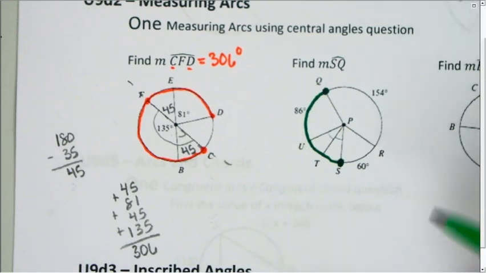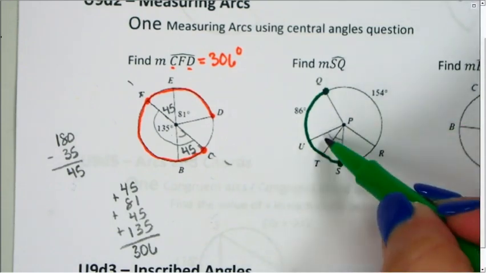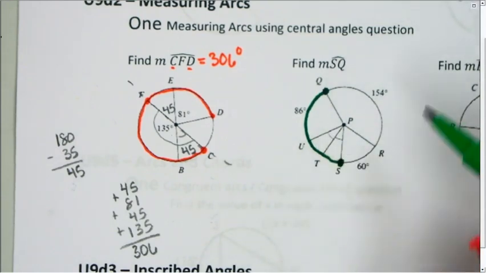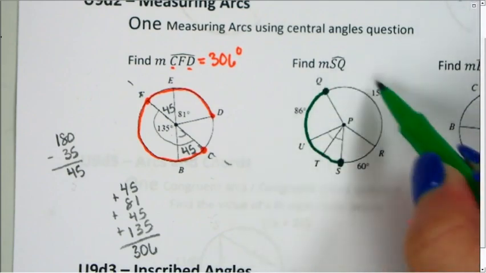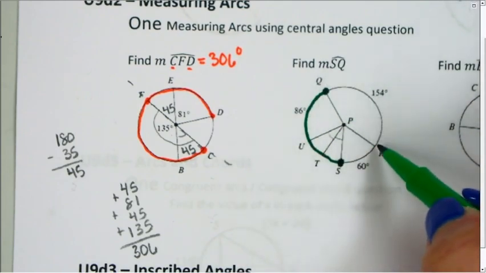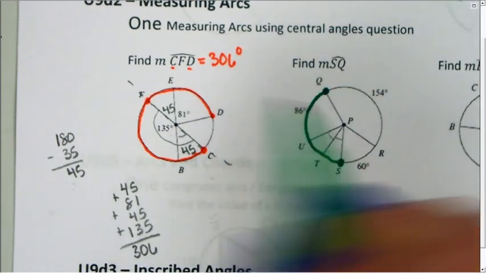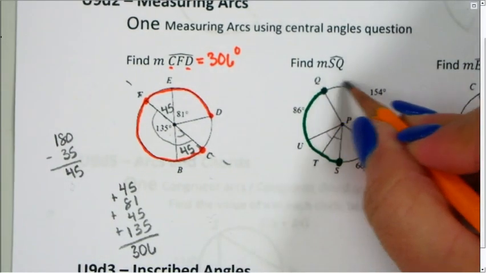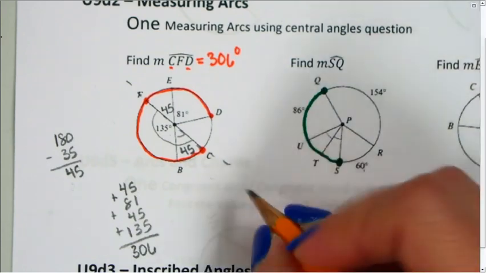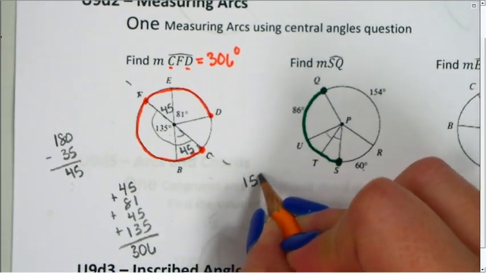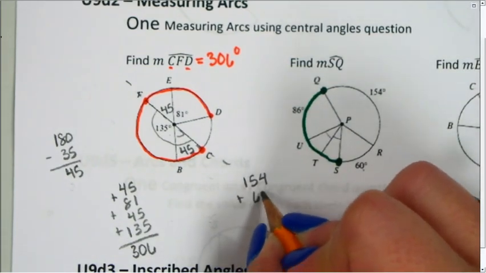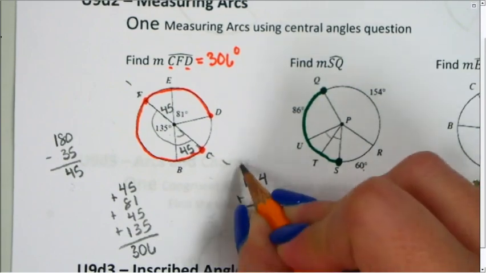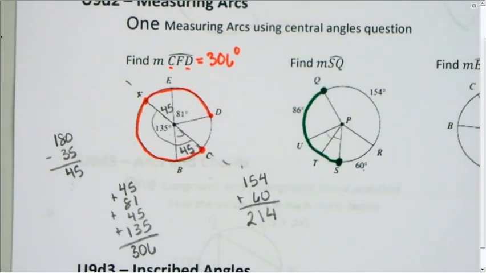So what I need to do is either find these two angles here, or I can recognize that it's the whole circle minus the 154 minus the 60. So I'm going to add these two together to find out what part of the circle we're not using. 154 plus 60 is 214.